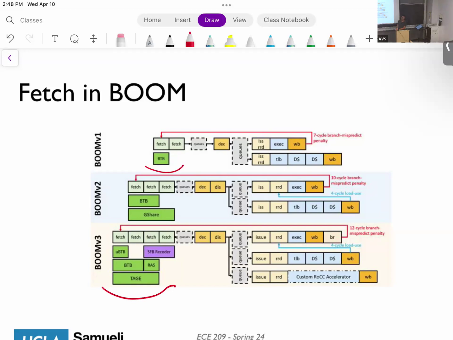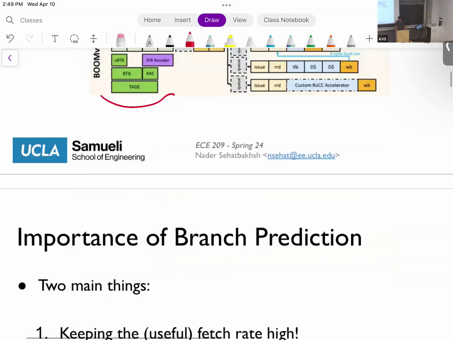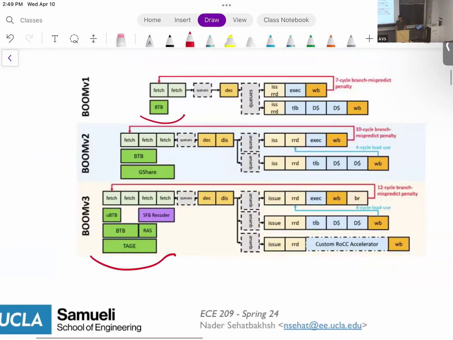It was just a simple next-line predictor, so it took only 2 cycles. So we are adding these additional things, and this is the story of most modern processors. Most modern processors use sophisticated branch prediction for performance reasons. So version 3 is a good example of what a real processor does.